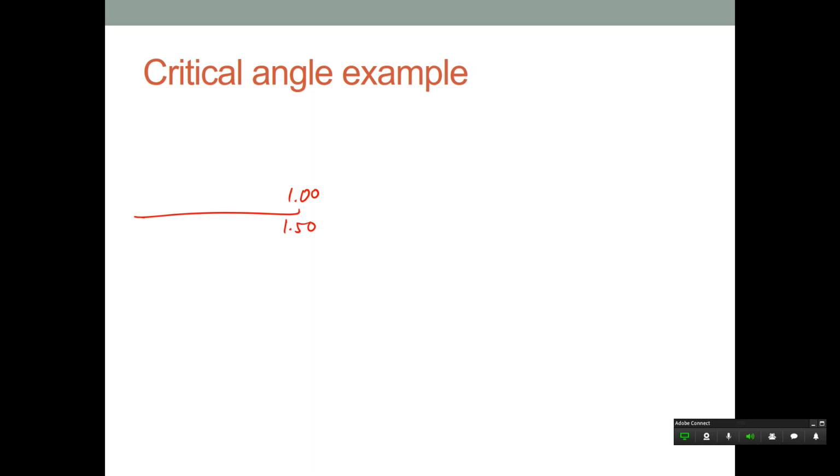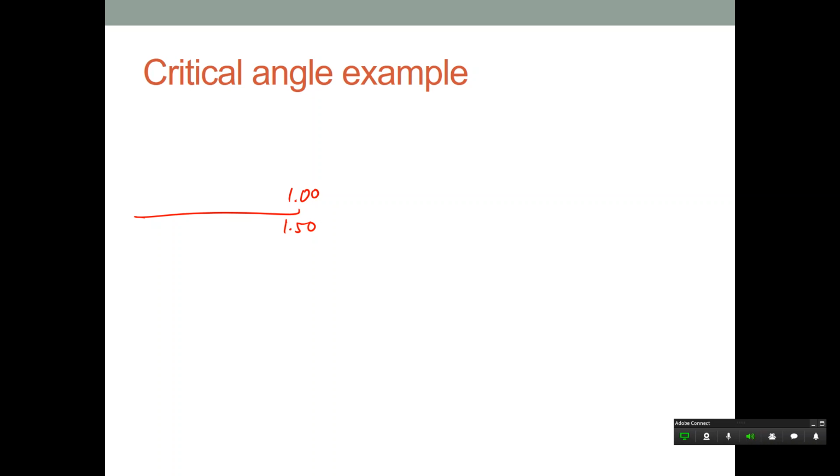If I want total internal reflection to occur, is the ray going from down to up or up to down? Down to up, because it has to go from slow to fast.